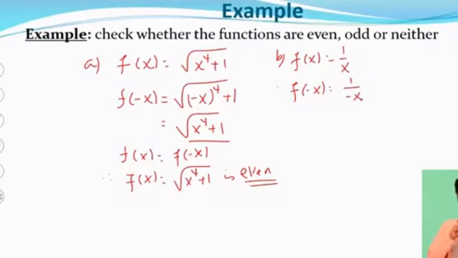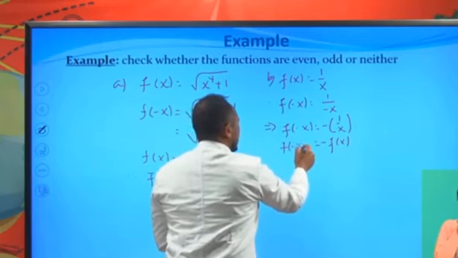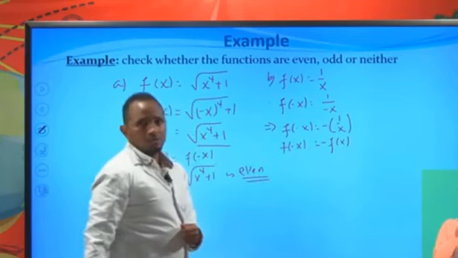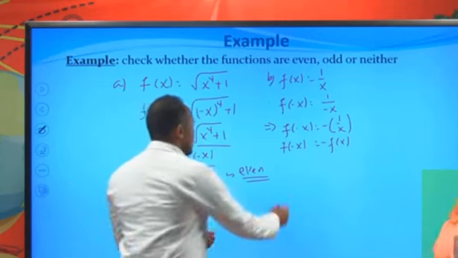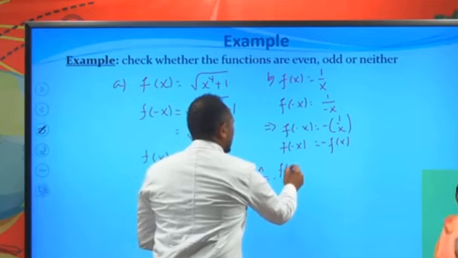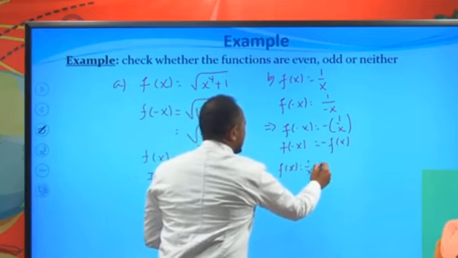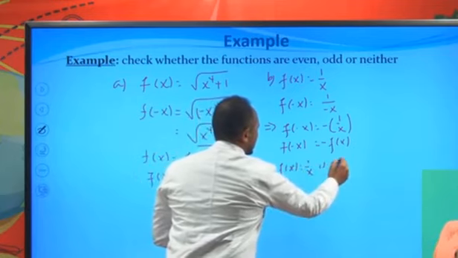Therefore, you can see that f of negative x is equal to negative of 1 over x. This is equal to negative of f of x. So, as you can see, f of negative x and f of x are opposite. So, in this case, the function is odd. Therefore, f of x equal to 1 over x is an odd function.